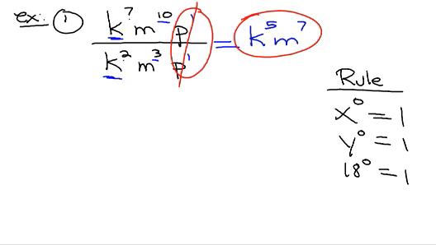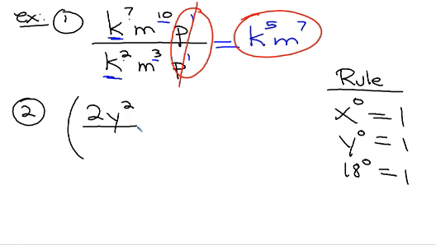Let's do another one. Let's say that we have 2y squared over 3y, all to the third.